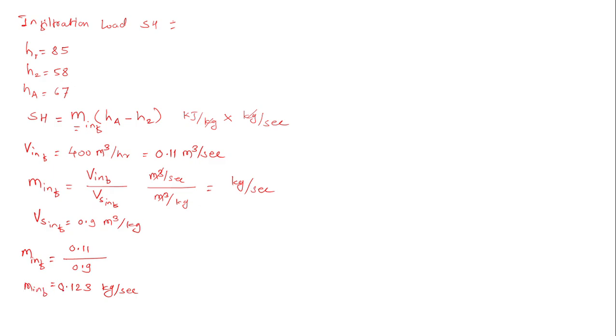So this is the mass of infiltrated air. Now once you get the mass of infiltrated air, you can easily find out the sensible heat, because in this case HA and H2 both are known to you. Mass of infiltrated air you have calculated over here.